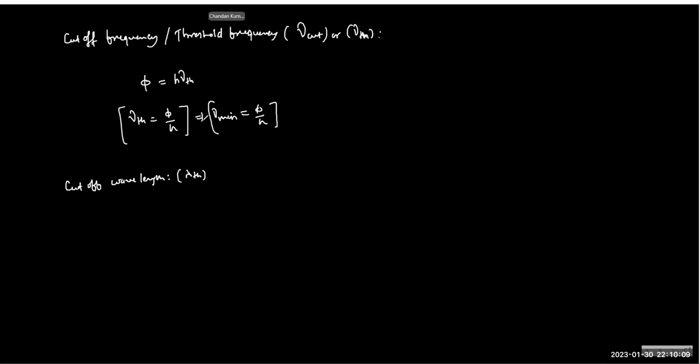Okay. So the cutoff wavelength is hc by phi, and this is the maximum wavelength which can create the photoelectric effect. Anything more than this will do nothing. So that is how you can define the cutoff wavelength and cutoff frequency, which is commonly asked in the examination.